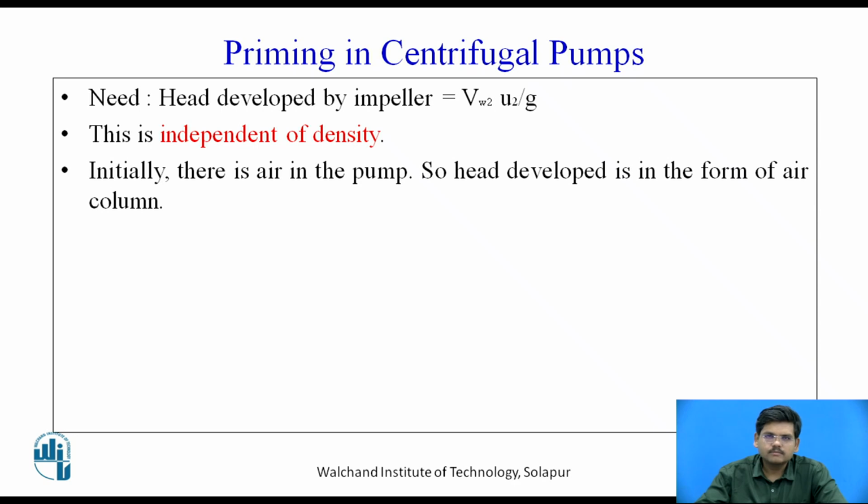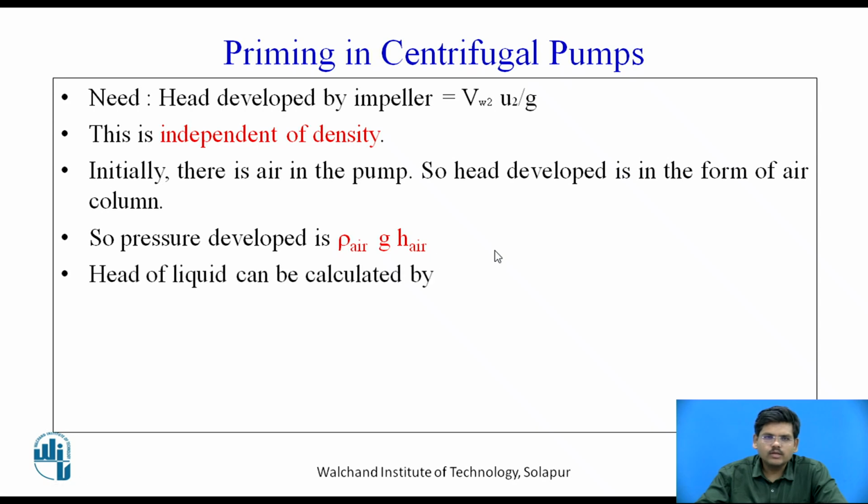Whatever space is there in the pump, right from the suction pipe to the delivery pipe, is occupied by air, and the pressure developed will be in terms of air. As we know, pressure is rho g h. For air, we have the density of air into acceleration due to gravity and height h.